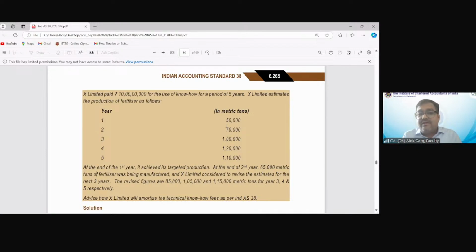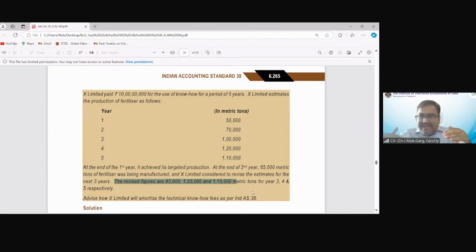In the first year, whatever they estimated was actually produced. In the second year, they estimated 70,000 metric tons, but were able to produce only 65,000. Hence they revised the target for the next 3 years also. The revised figures are 85, 105 and 150 metric tons for years 3, 4 and 5 respectively.